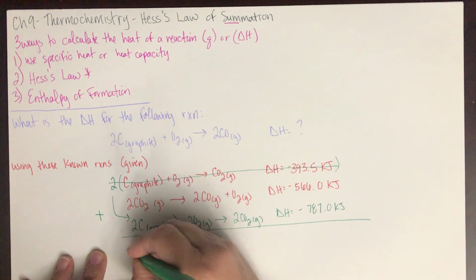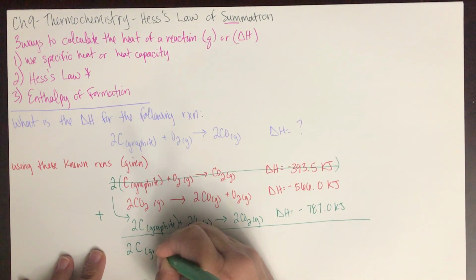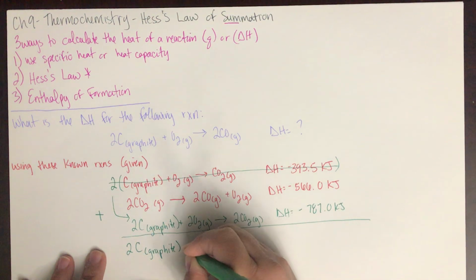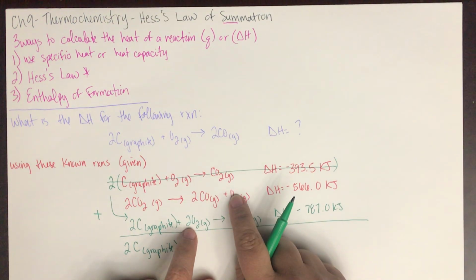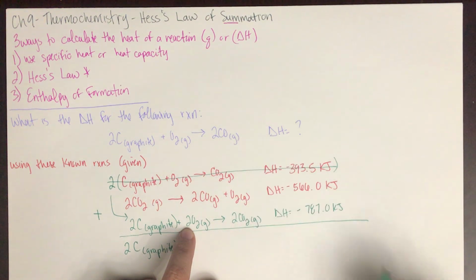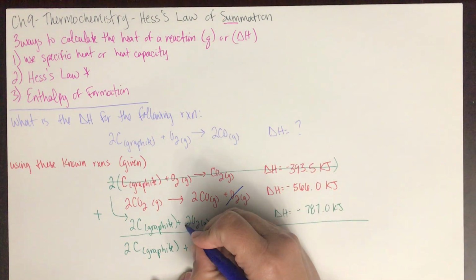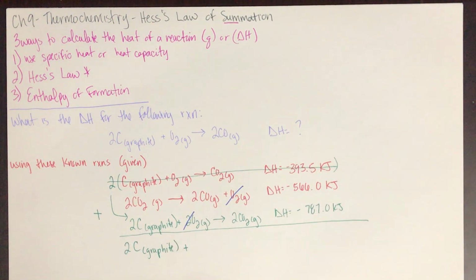So I'm going to add this to carbon graphite plus, again, 2 oxygens on this side, 1 oxygen on this side. Let's see, this oxygen is going to cancel out one of those oxygens.